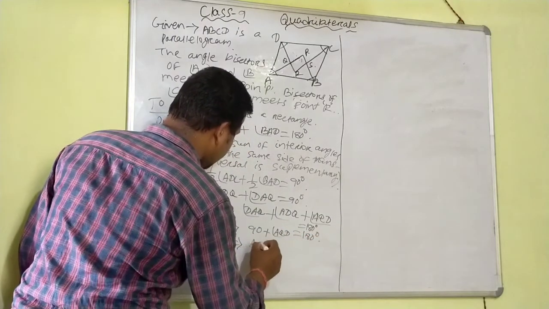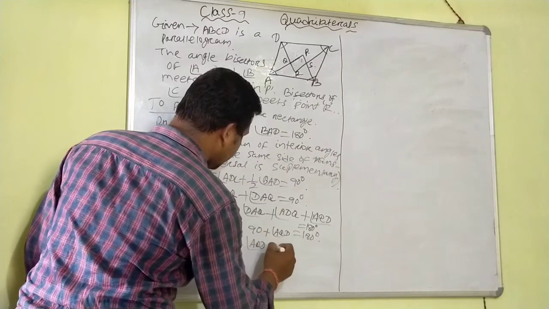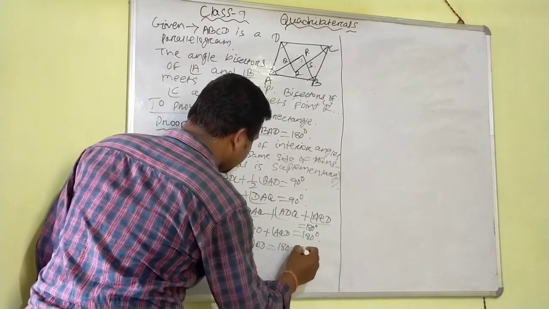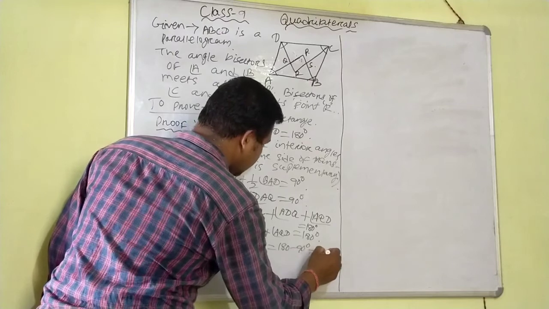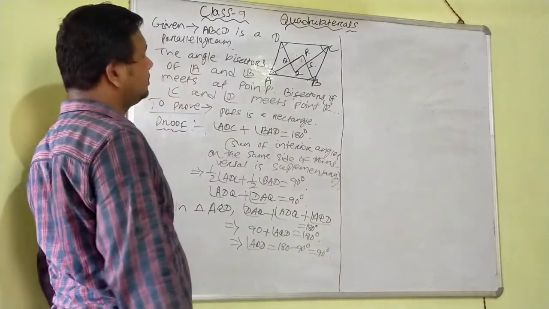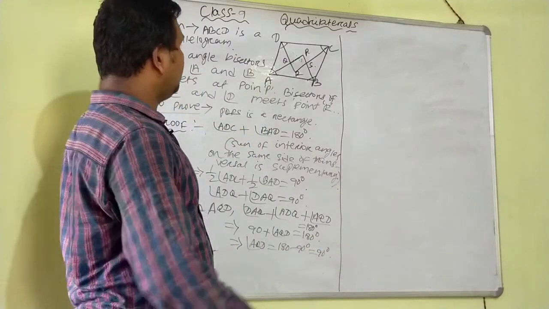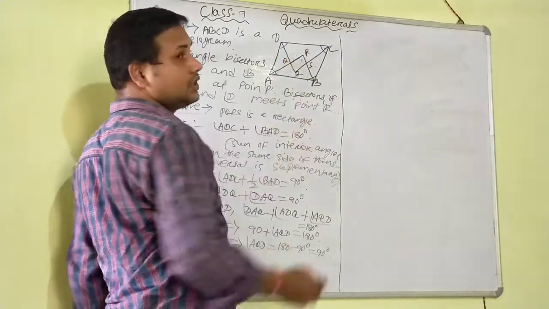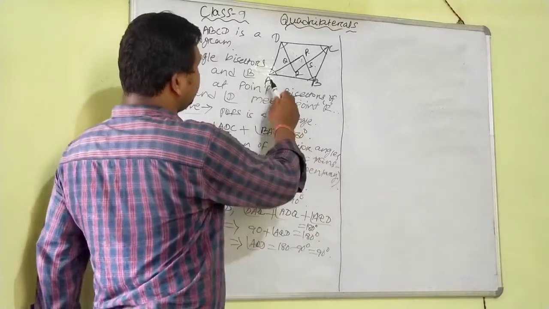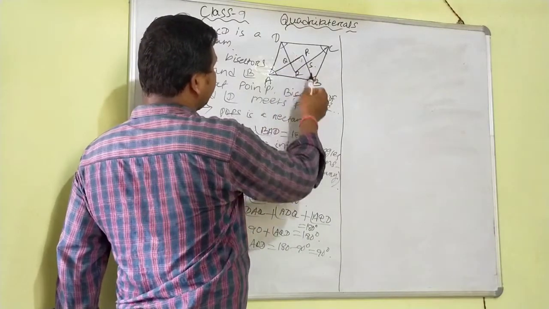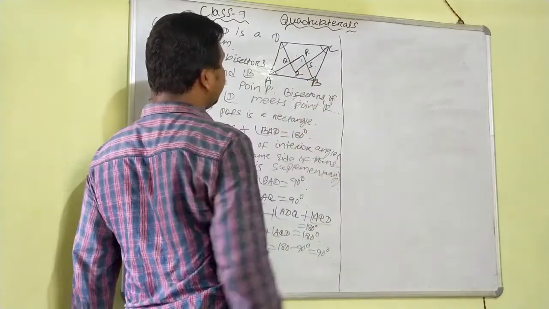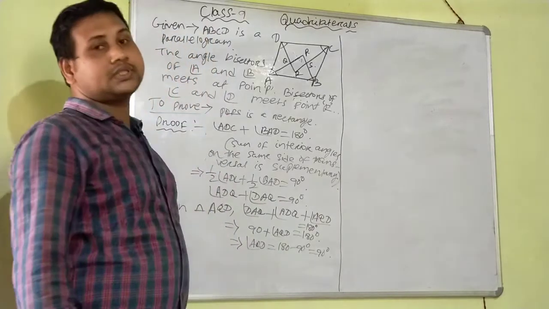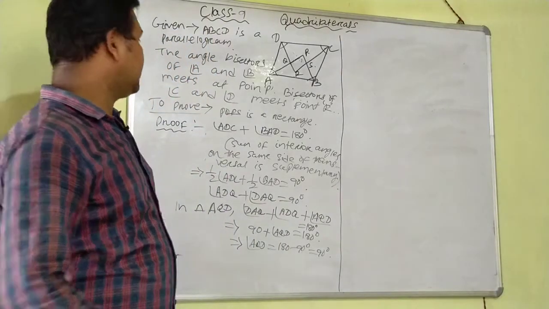Now angle AQD equals 180 minus 90, that is 90 degrees. So we already proved DQA or AQD is 90 degrees, and you see here angle AQD and angle PQR are vertically opposite angles, so they are equal.